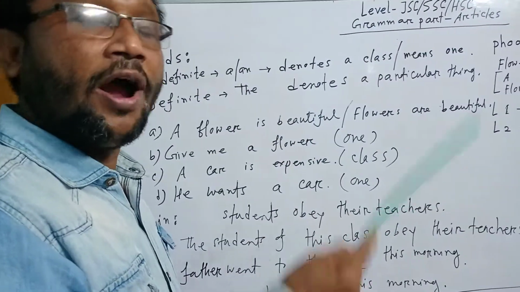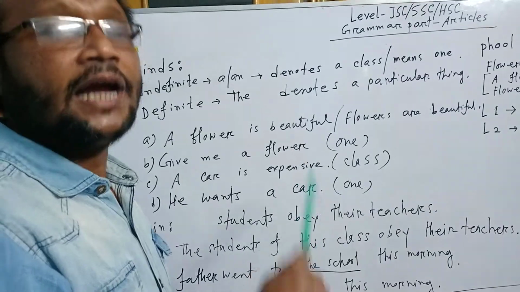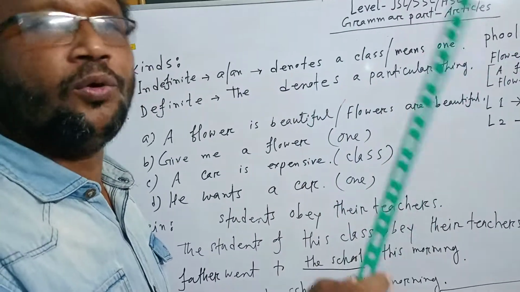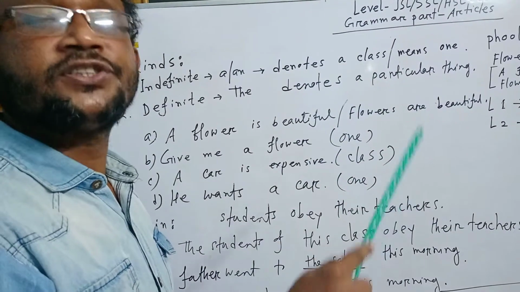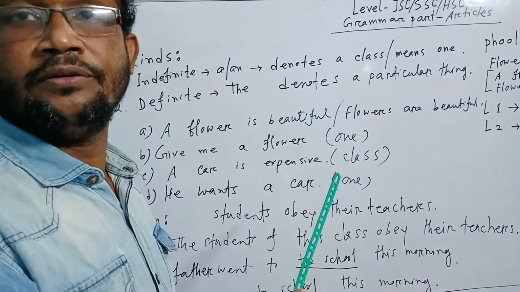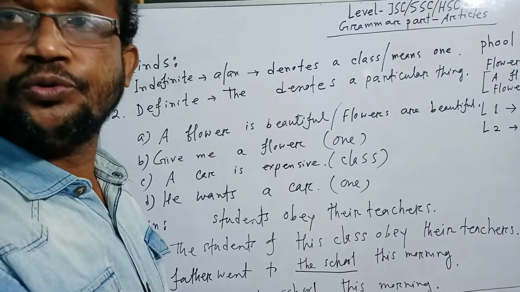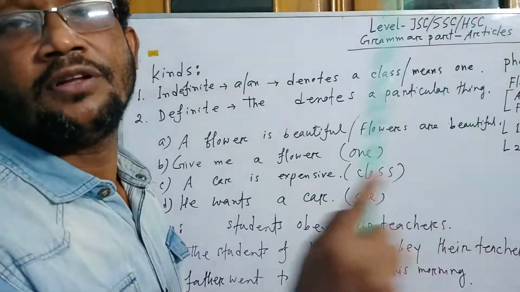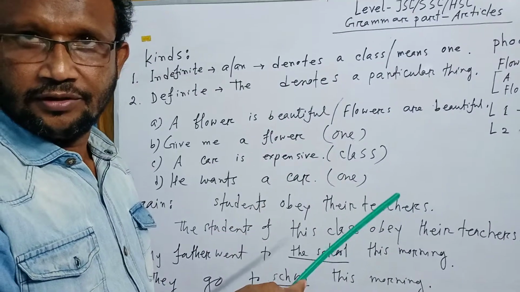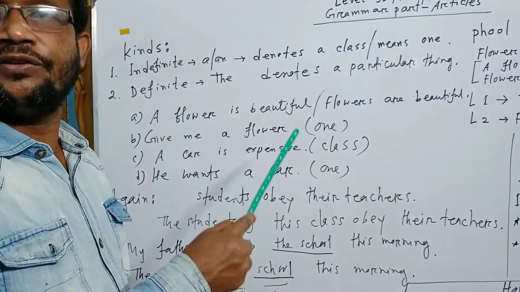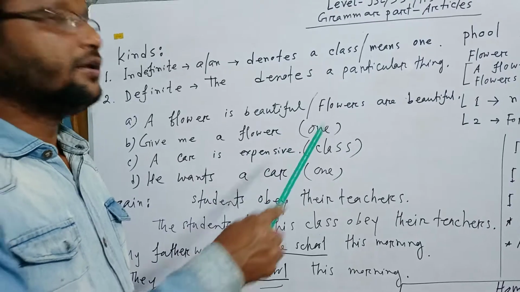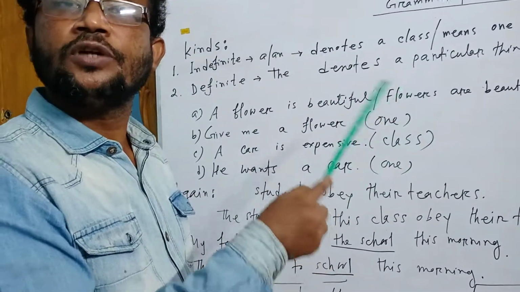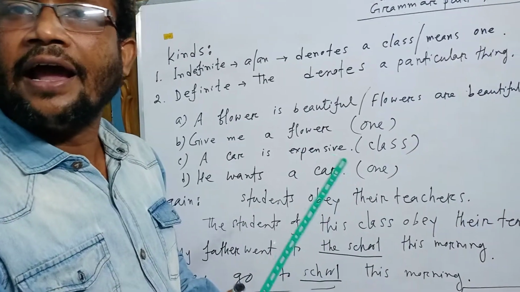But the question is, when do we use a and when do we use an? The answer is very simple. When the noun starts with a consonant, we use a. And when the noun starts with a vowel, we use an. But there are some cases where, though the word starts with a vowel letter, we have to use a.